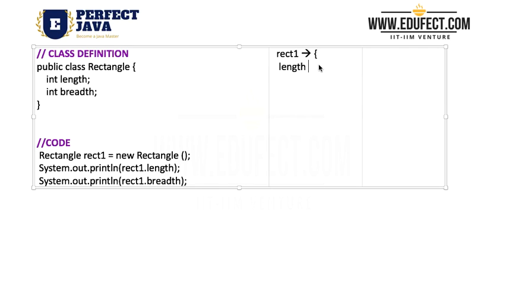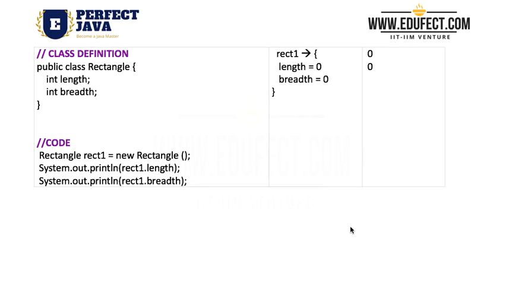What will length be? Int we know defaults to 0, so length will get the value 0 and breadth will get the value 0. These are the default values. So now when we print rect1.length, what will get printed is 0. And when we print rect1.breadth, what will be printed is 0. So this will be the output in this case.